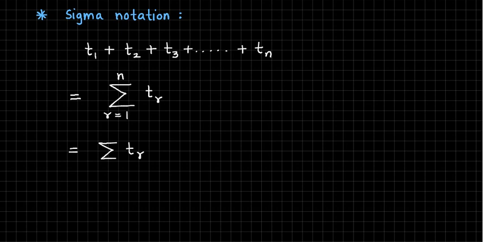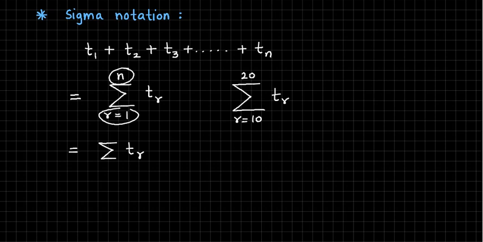So it is important to keep in mind the data given in the question and only then can we decide whether we can skip writing the limits of r or not, because sometimes there might be a question in which we may have to write the range of r as, say, r starts with 10 and ends at 20. So in that case it is absolutely important to specify these limits, but sometimes it is not required and we can generalize.